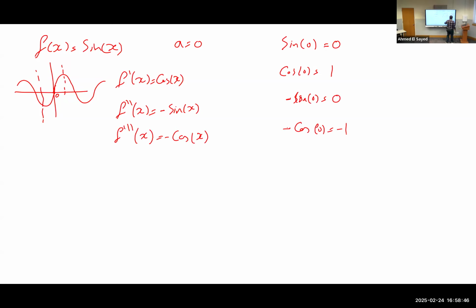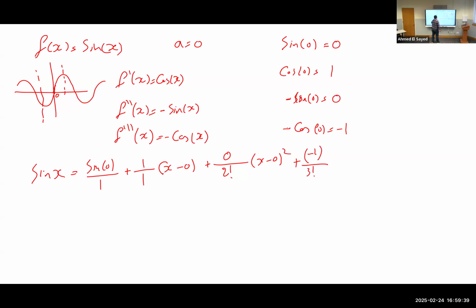Now, according to those values, I can say that the value of sine x around 0 will equal, first, the value of sine 0 over factorial 1, plus the first derivative at 0, which is 1, over factorial 1, times x minus 0, plus the second derivative over factorial 2 times x minus 0 squared, plus minus 1 over factorial 3 times x minus 0 to the power 3, and so on.